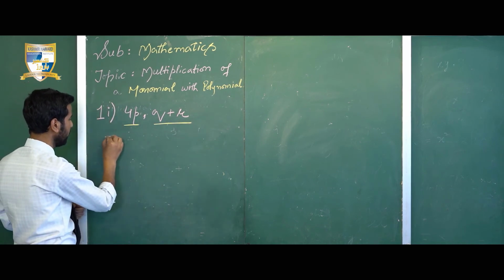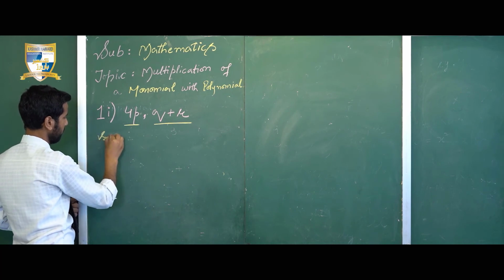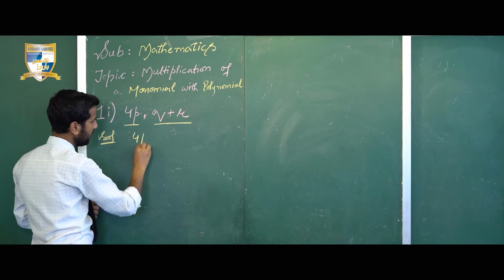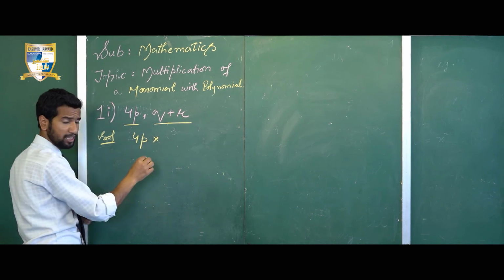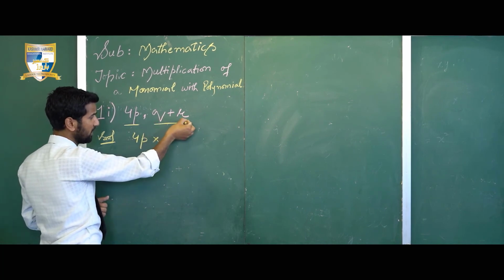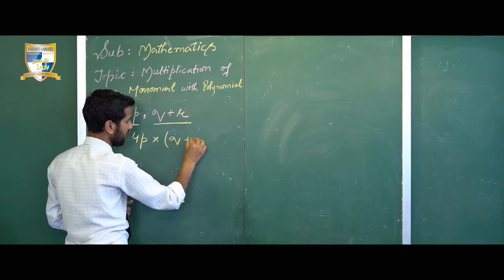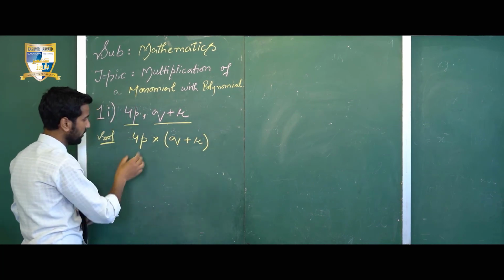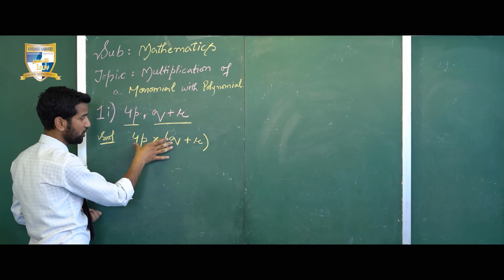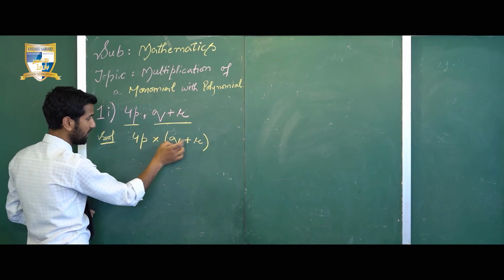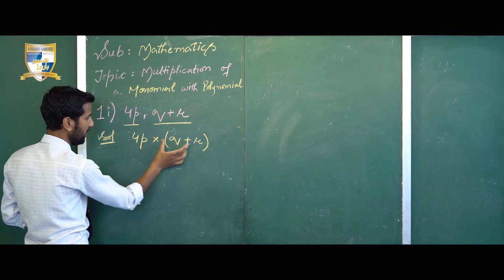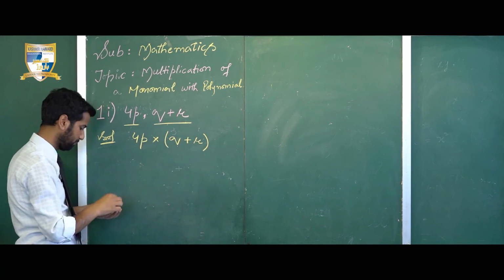So what we are going to do here, we are going to put 4p in multiplication with this expression, this binomial. So we are going to put this expression in brackets here. Means actually this 4p is not only in multiplication with q, it is with both q as well as r. So this monomial in multiplication with this binomial.